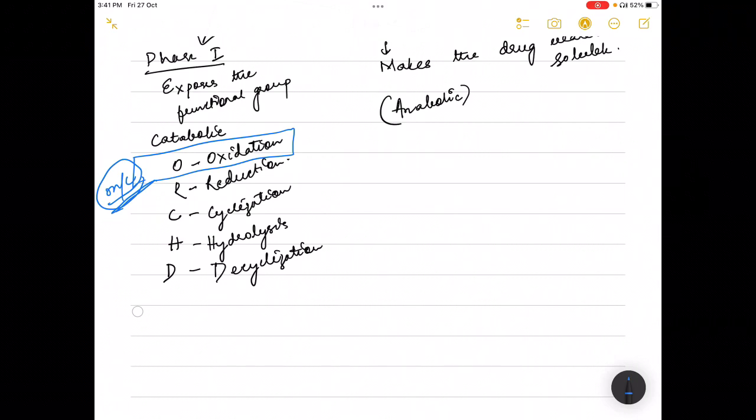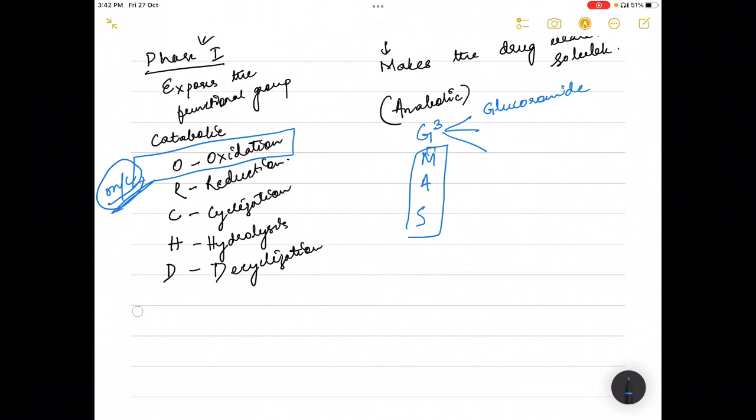Next, coming to the phase 2 reactions. You can remember them by means of a mnemonic, G3MAS. G3 MAS you can remember. Okay. So in G3, you will have to remember glucuronide conjugation, glutathione conjugation, glycine conjugation.